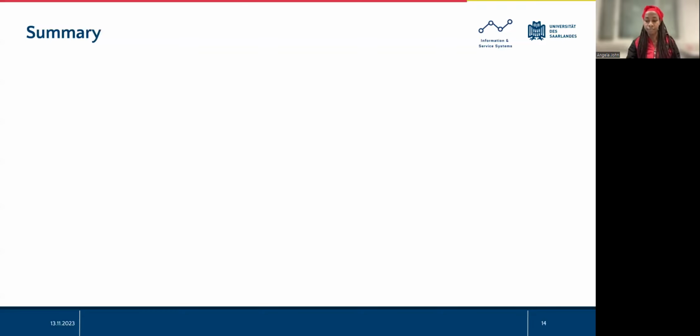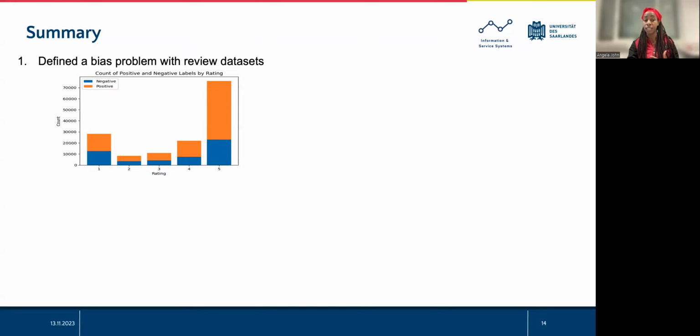So what was the whole idea of the presentation? First, we started by defining the problem, where we noticed there is bias in reviews and ratings, which in the real sense are supposed to be the same. That was the diagram that we had, and we could see evidently that ratings and reviews given by customers are not as they are supposed to be.